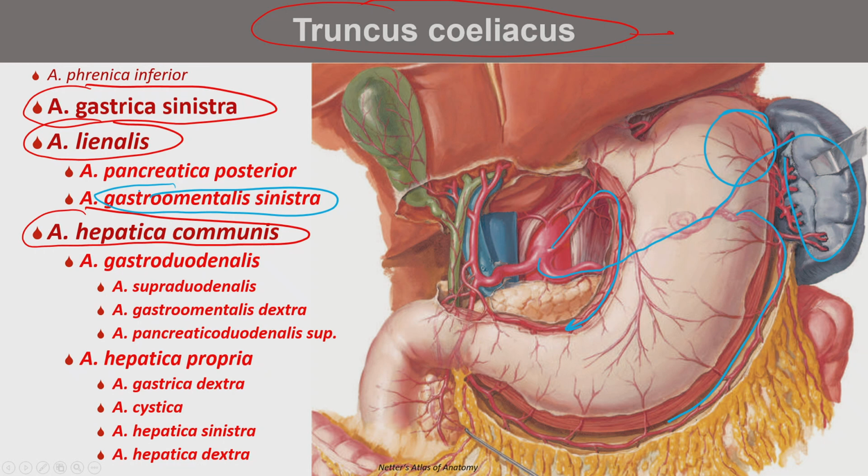Gastroomental artery is also sometimes called in a clinical medicine, and you have to know this name, because older surgeons, typically older surgeons, my age and more, call this artery gastroepiploic. It's a gastroomental.